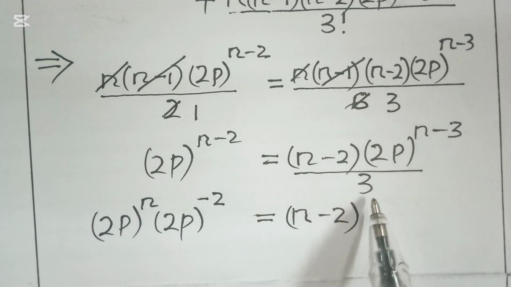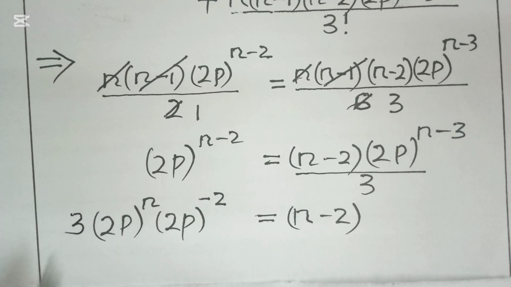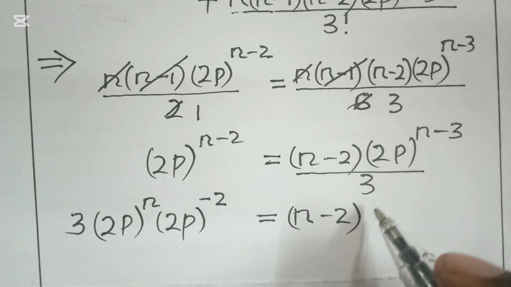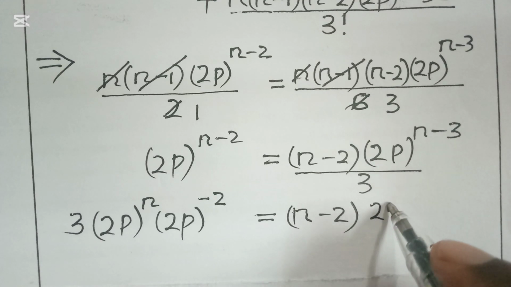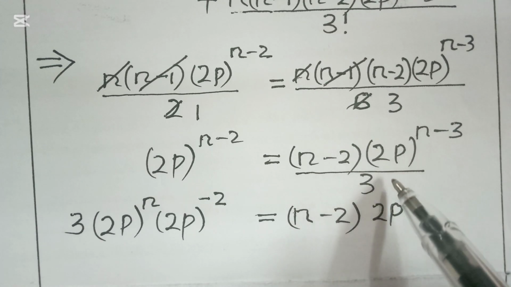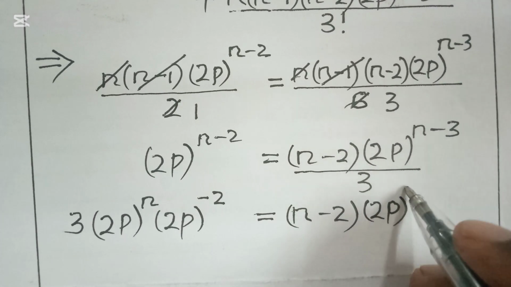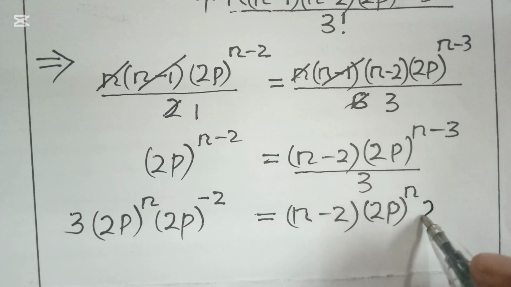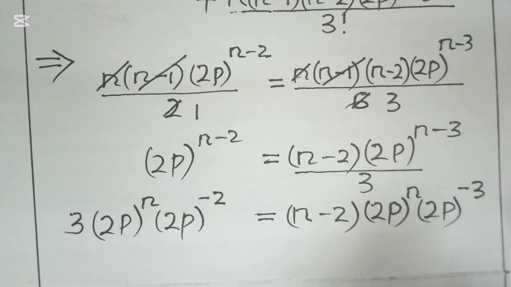We can even bring this 3 to the other side, so that we have a 3 here. Then we are left with 2p, which we separate into two parts by the law of indices, 2p raised to n times 2p raised to negative 3.